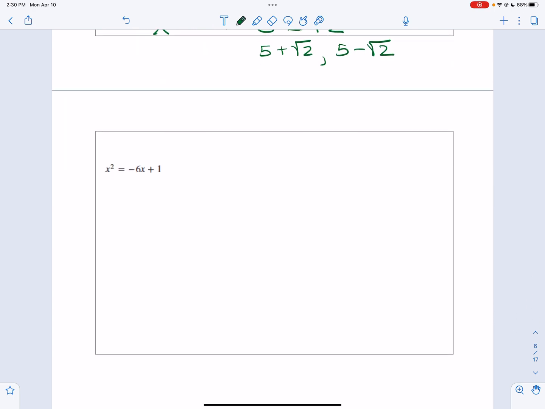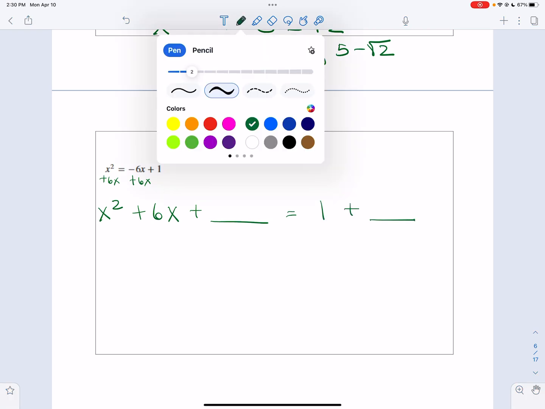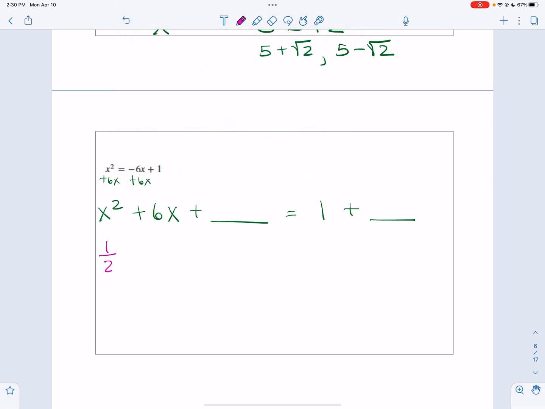All right, the next one, we have the x squared on one side, but we need to move over the 6x, so I'm going to add 6x to both sides so that I get x squared plus 6x plus blank is equal to 1 plus blank, okay? Now, I complete the square, take half of 6, which is 3, square 3, which is 9, and that goes in both blanks.